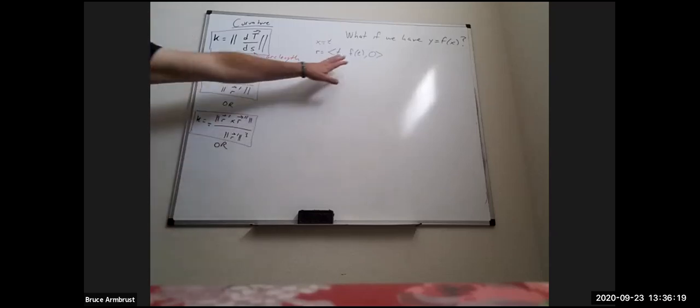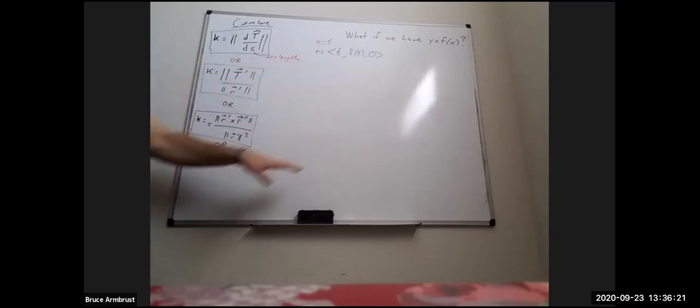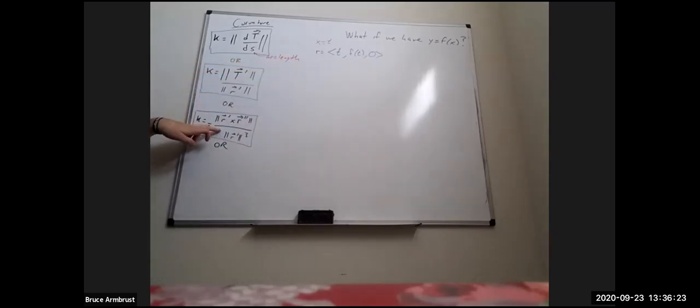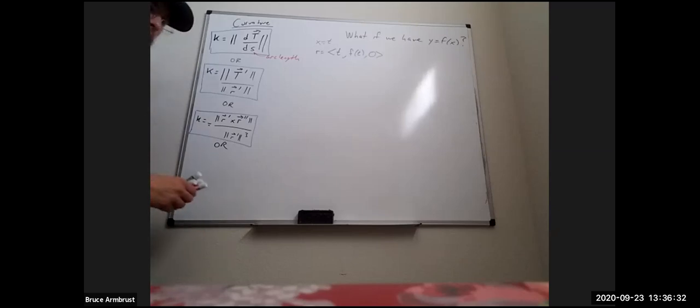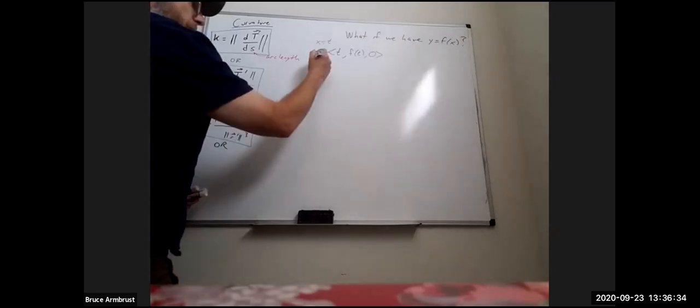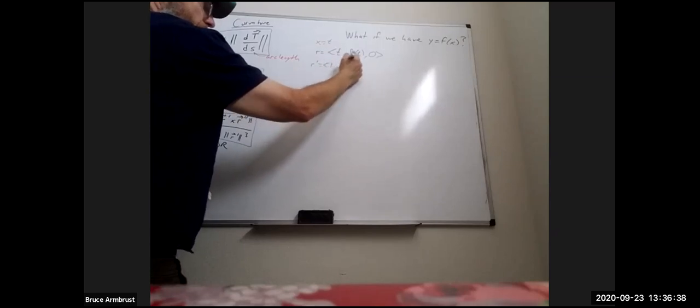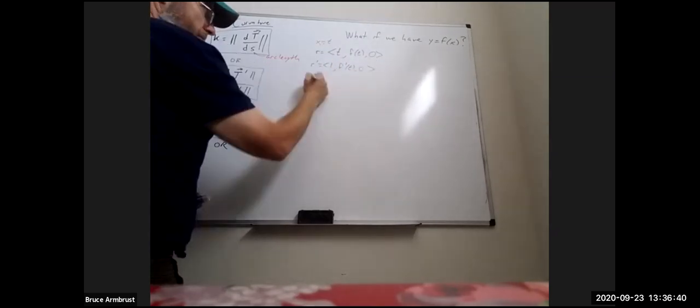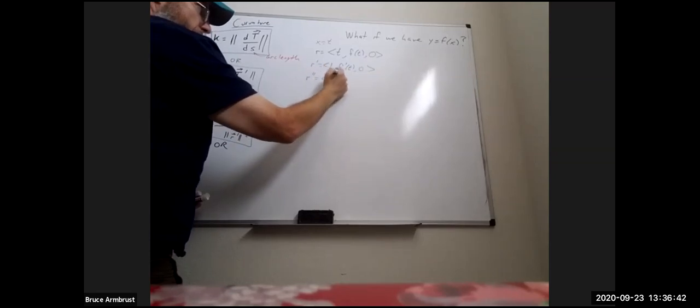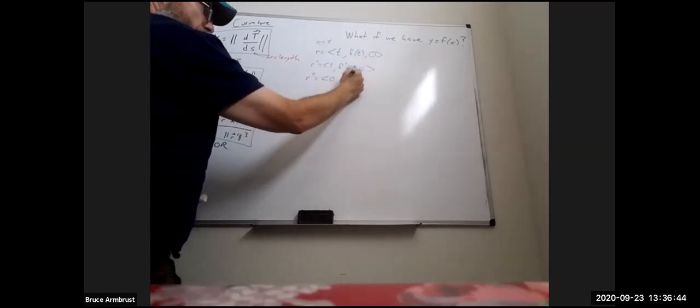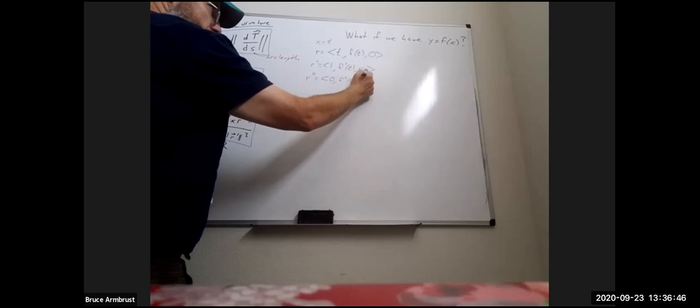Okay, so we're going to take this and we're going to apply the third form, the one that we just used. And we'll see what that creates for the curvature. So we need r prime and r double prime. So r prime is 1, comma, f prime, comma 0. And then r double prime is 0, f double prime, 0.